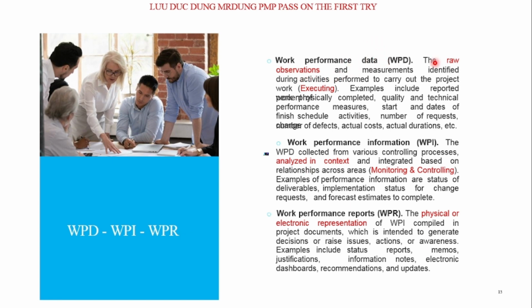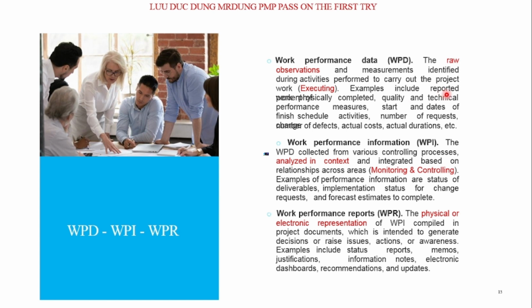Work performance data is raw data or raw observations and measurements identified during activities performed to carry out the project work, executing.